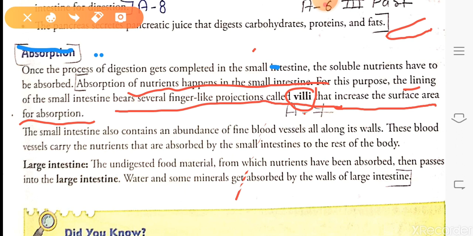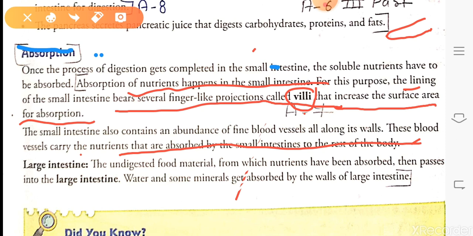These blood vessels carry the nutrients absorbed by the small intestine to the rest of the body. So once the nutrients are absorbed by the walls of the small intestine, the blood vessels present in the walls carry the nutrients to the rest of the body.